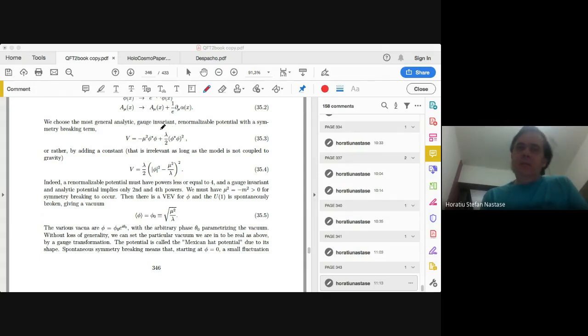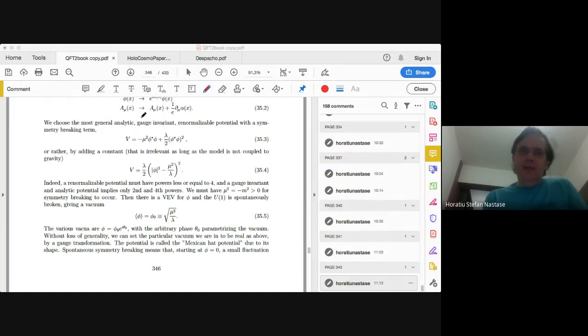And then we add a quartic term. The reason I wrote it like this is that by adding a constant, which is irrelevant if you don't couple to gravity, you can complete the square and write it as λ/2 (|φ|^2 - μ^2/λ)^2. If you couple to gravity, you can measure the constant as a mass.